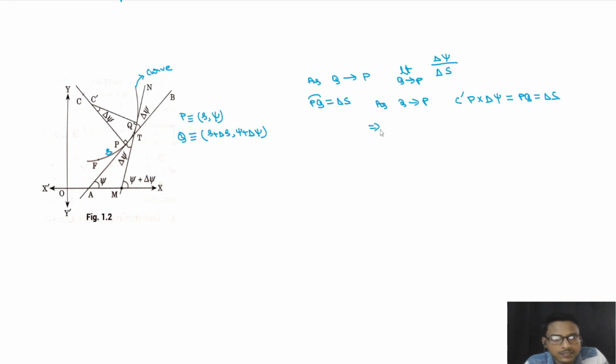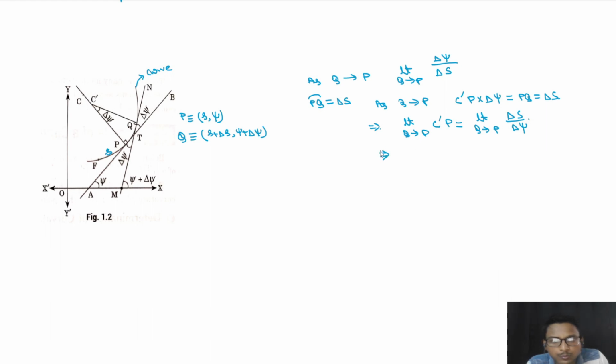This implies the limit as Q approaches P of C dash P is the limit as Q approaches P of delta s by delta psi.